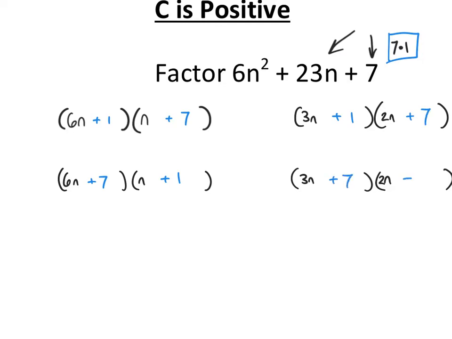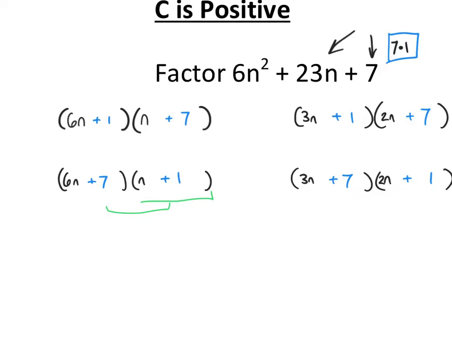All right, and what I have here is every possible option. We wrote out every way to get 6n squared. We wrote out every way to get 7 through multiplication. It has to be one of these four answers. There's no other possible setups that it could be, other than taking this term and swapping it with that term, but that would be the exact same thing, so we don't have to worry about that.